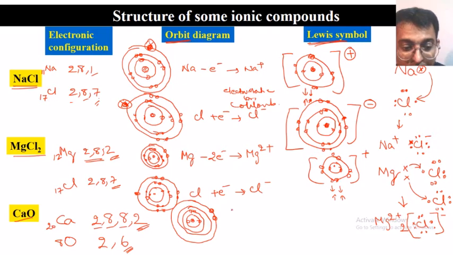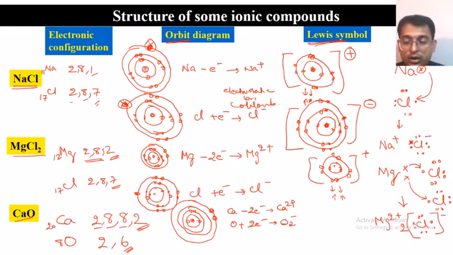So calcium is going to lose 2 electrons to form Ca2+. Oxygen is going to gain 2 electrons to form O2-. Sorry, it is O2-.